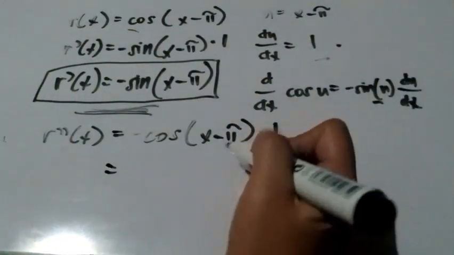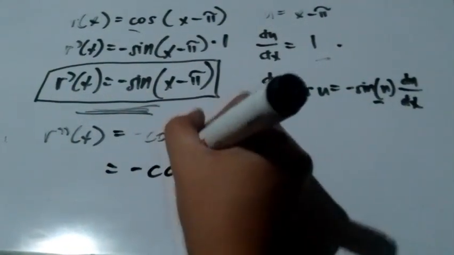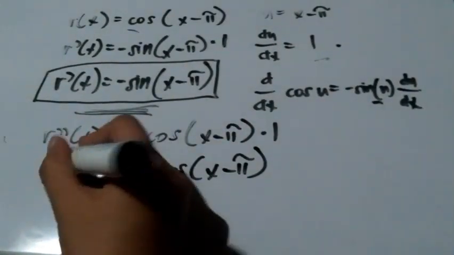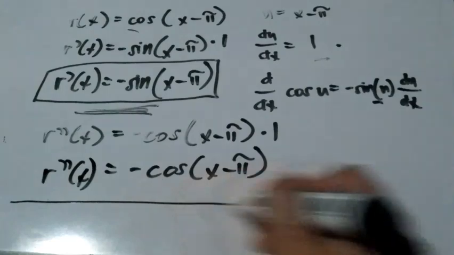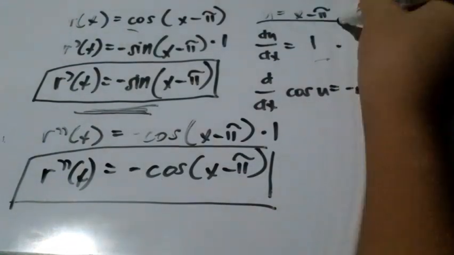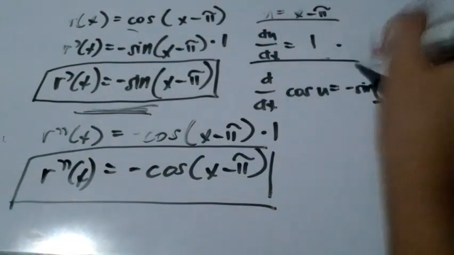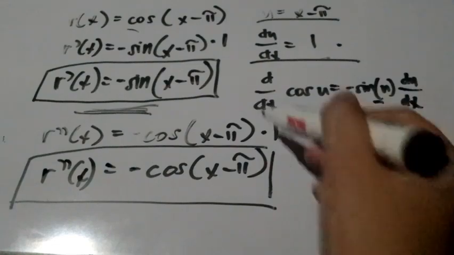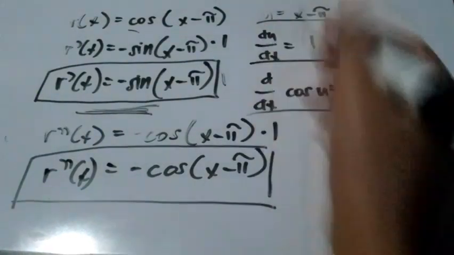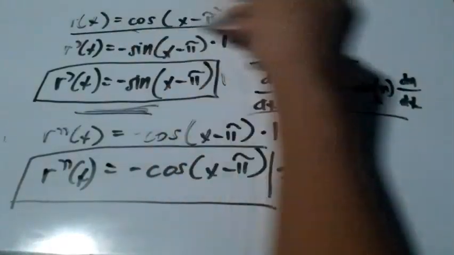Negative cosine of x minus pi multiplied by 1 is negative cosine of x minus pi. Now, this is our second derivative. Again, we only use the chain rule, identifying u and du/dx, and applying the formula, and we found the first derivative and the second derivative of the given function.